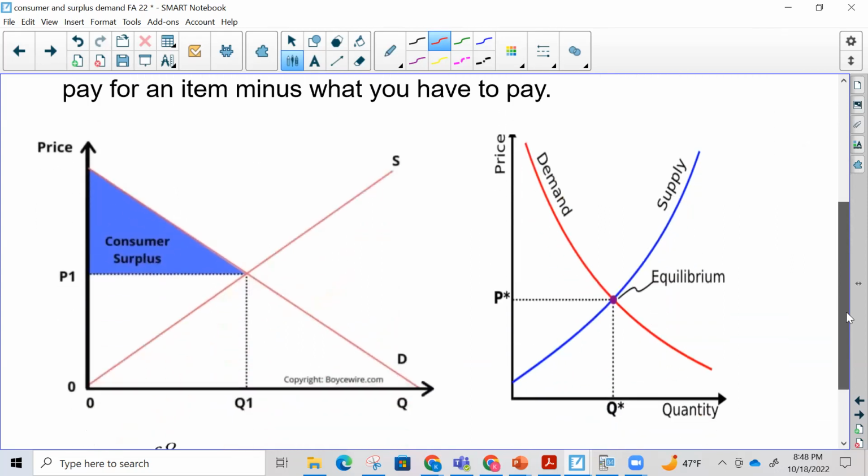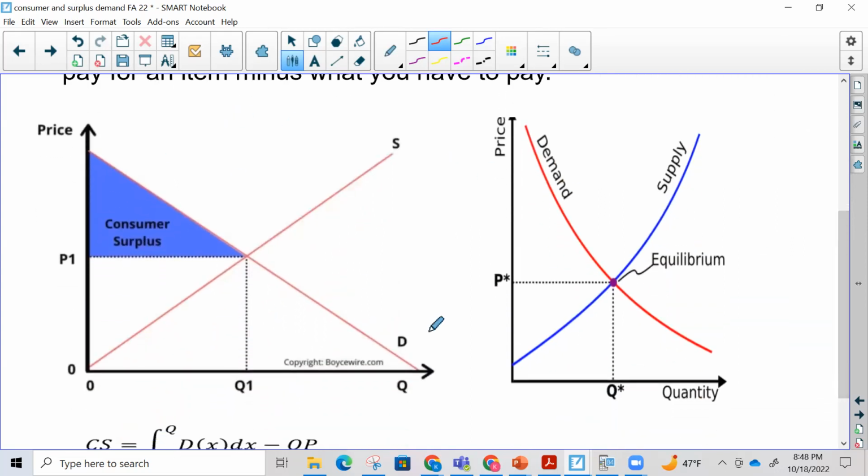When we graph our supply and demand, the consumer surplus is this region. It's created by the demand curve and the equilibrium point, which we often call Q star. This x value is the quantity at which they're selling it at the equilibrium point.